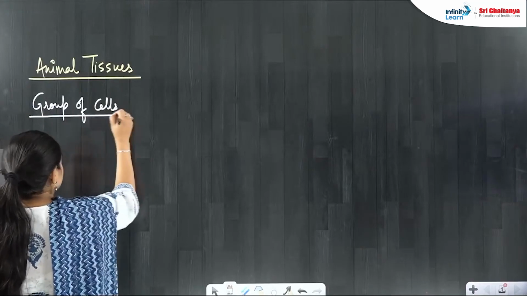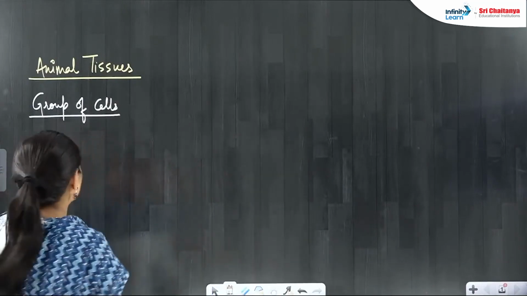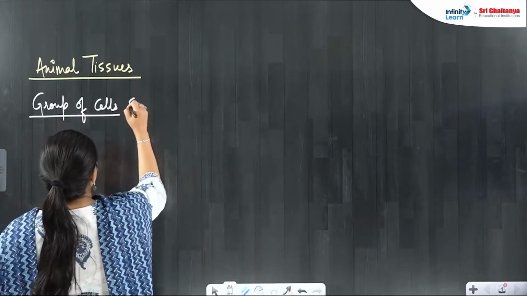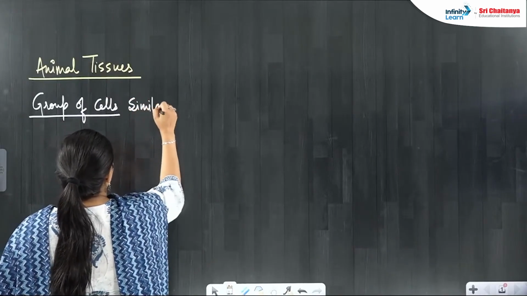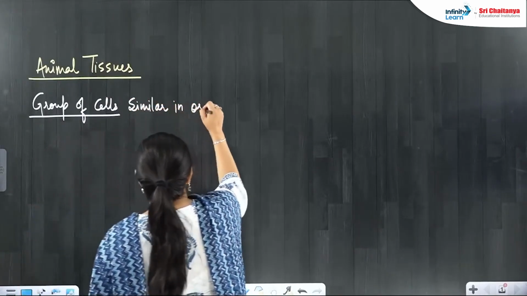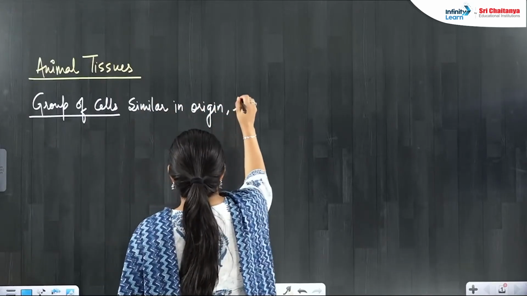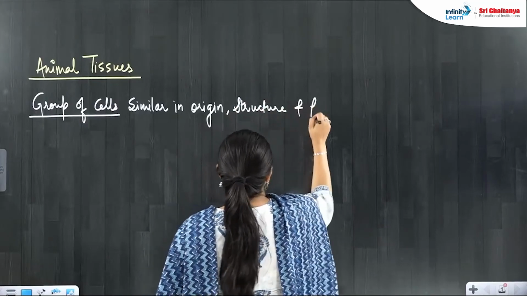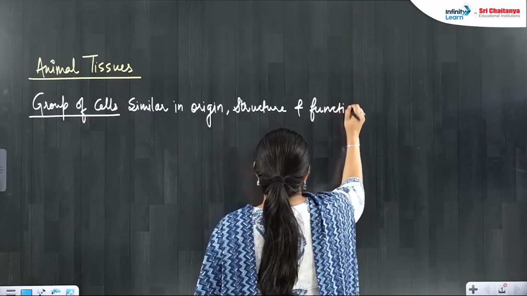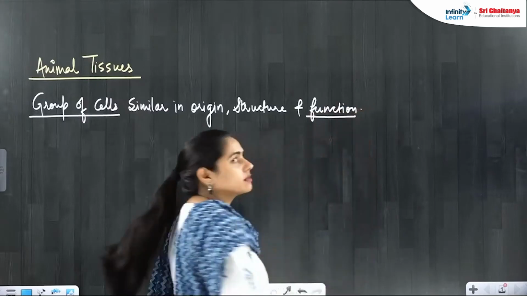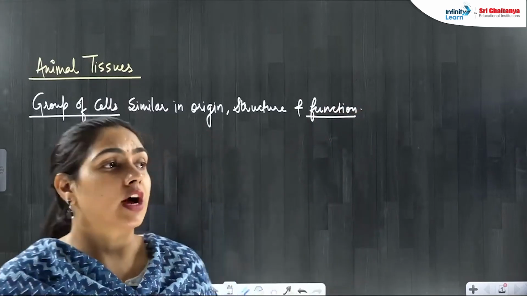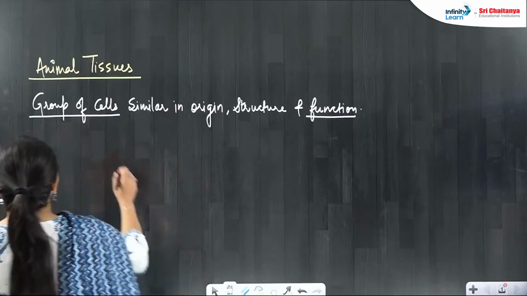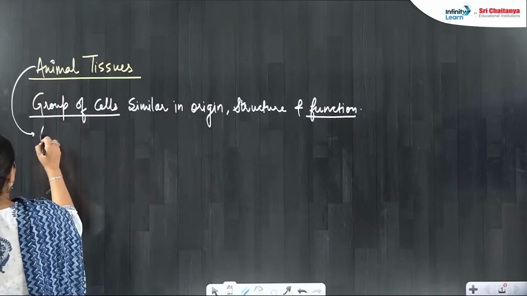These group of cells are similar in origin, in structure, and in function. Obviously, that group of cells will play the same function. It is meant for a particular function. Yes, animal tissues. Now, in the animal tissues, I have told you 4 types.